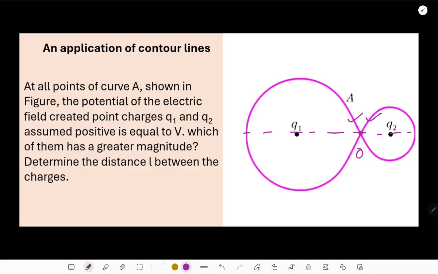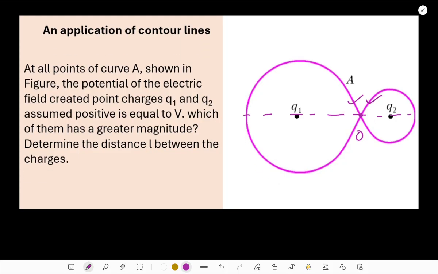You cannot find a tangent at point O, so you cannot find the normal as well, and E is directed to the normal to the equipotential surface. So this is only possible if the electric field at this point is zero. And so at this point O, the electric field is going to be zero.